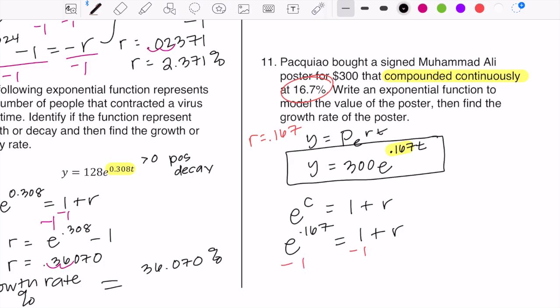And then we get R equals e to the 0.167 minus 1. And so then we plug that into the calculator and we get that R equals 0.18175. And then we're just going to convert that to a percentage to get the percentage growth rate. So it's going to be 18.175%.